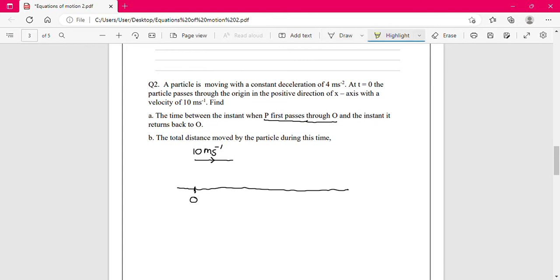So what things are given to you? What are the important things given here? The particle is moving with a constant deceleration of 4 meters per second square.